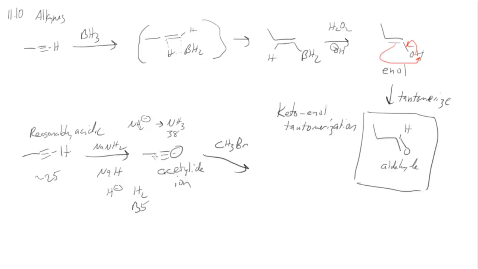So if we do that, here's my nucleophile. My nucleophile can come in. Here's my leaving group. I can do an SN2 because this is a methyl halide. And here I had 1, 2, 3 carbons, and now I have 1, 2, 3, 4 carbons. So I can use this reaction to lengthen my carbon chain.